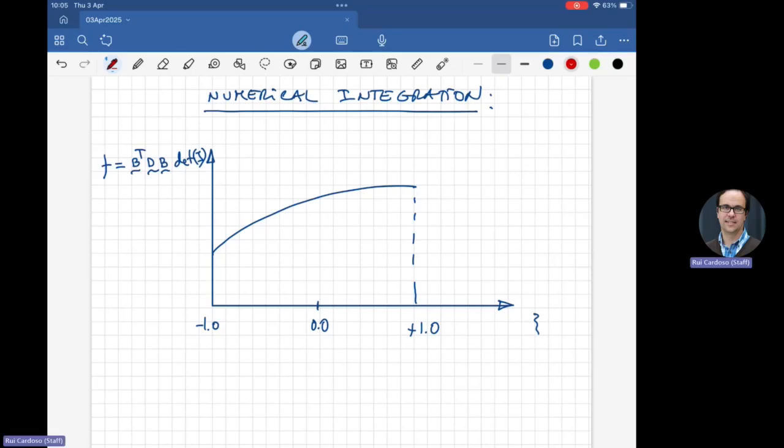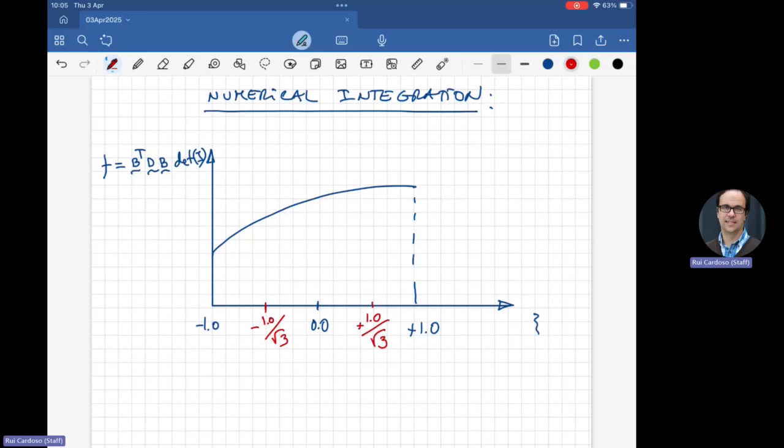So the way I can integrate this thing is to calculate this point is -1 over square root of 3, while this one is +1 over square root of 3.